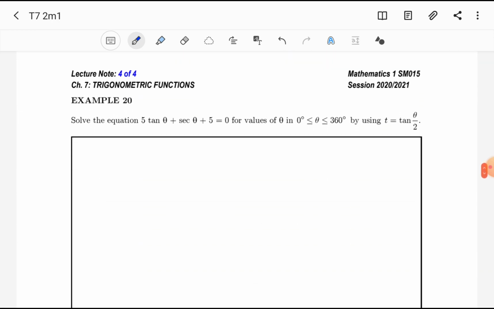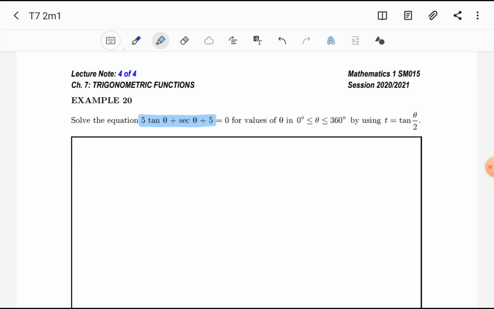Example number 20. Solve the equation 5 tangent theta plus secant theta plus 5 equals 0. Kalau awak tengok kat sini, tak ada satu pun ratio yang ada kuasa 2. So ini bukan under single dan bukan under quadratic.